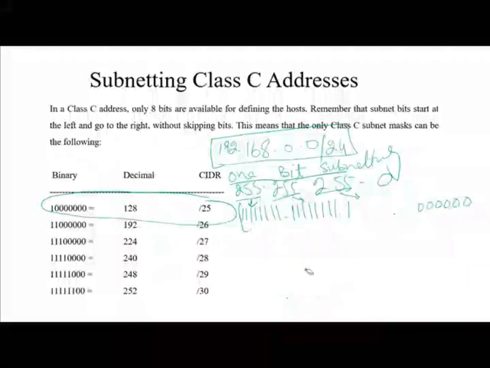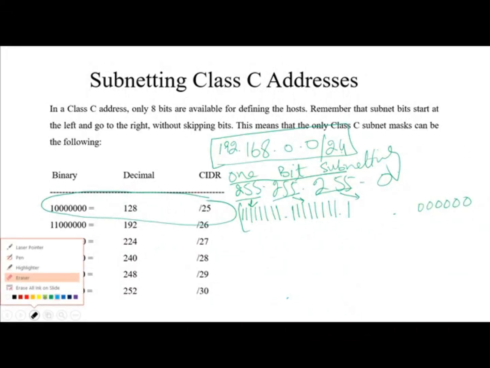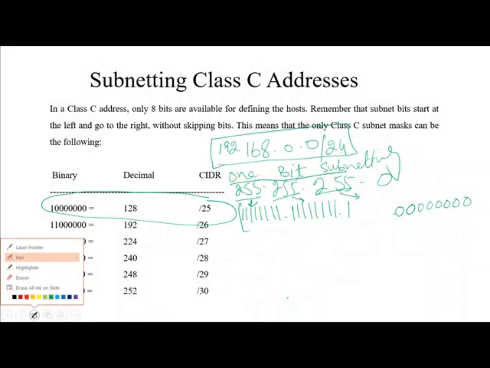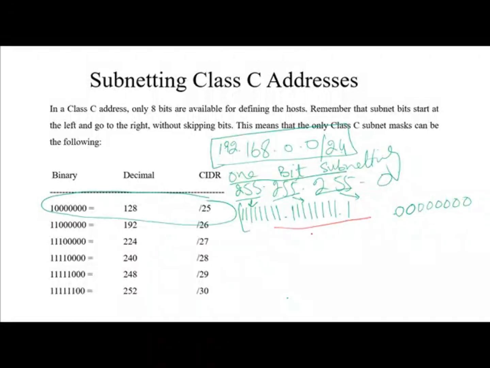It's simple. As we are doing 1-bit subnetting, only 1 bit, 1, 2, 3, 4, 5, 6, 7, 8, now we are borrowing 1 bit towards the network portion. So we are borrowing this bit, this one, and it will become 1.